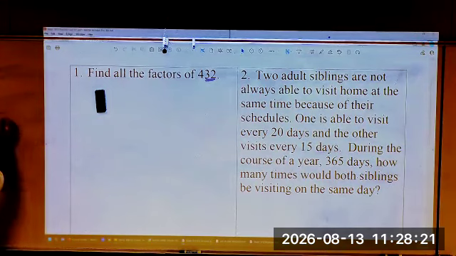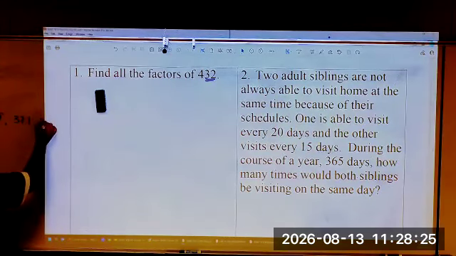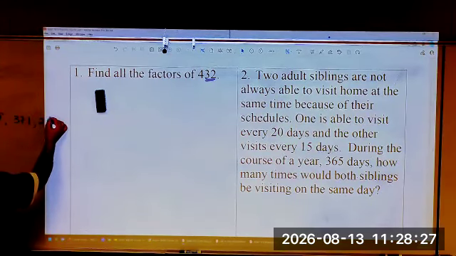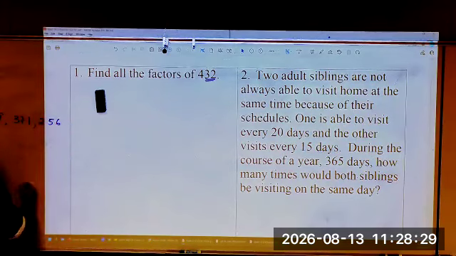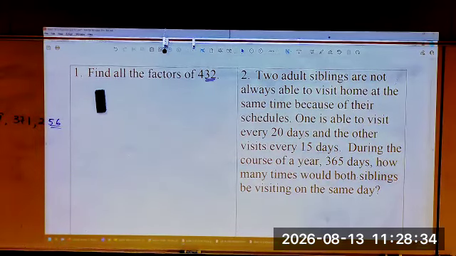So if you had 9,371,256, because 56 is divisible by 4, that whole number can be divided by 4.